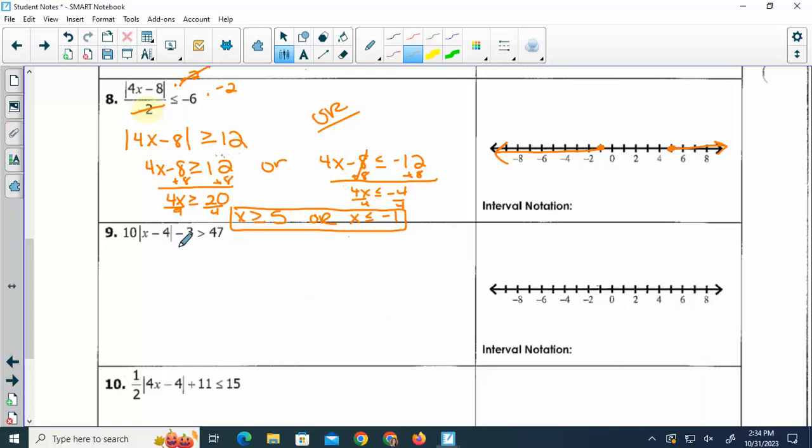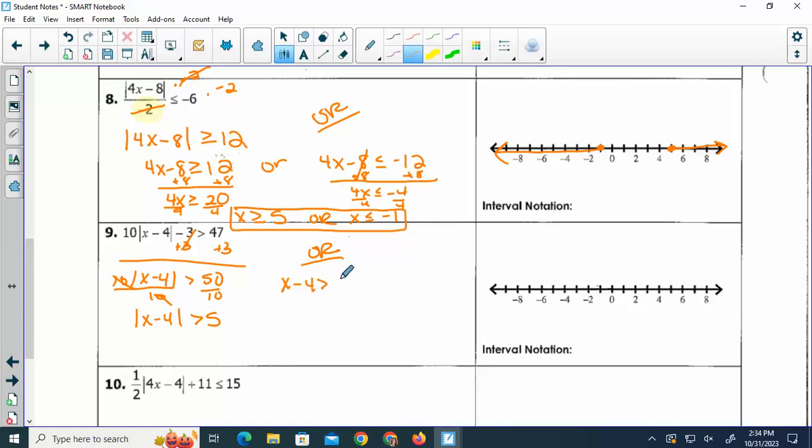So if we add our 3, then we have 10 times the absolute value of x minus 4 is greater than 50. I would rather not bring things into the absolute value, so like we discussed, you could divide by 10. So the absolute value of x minus 4 is greater than 5. So greater than, that is an or statement.